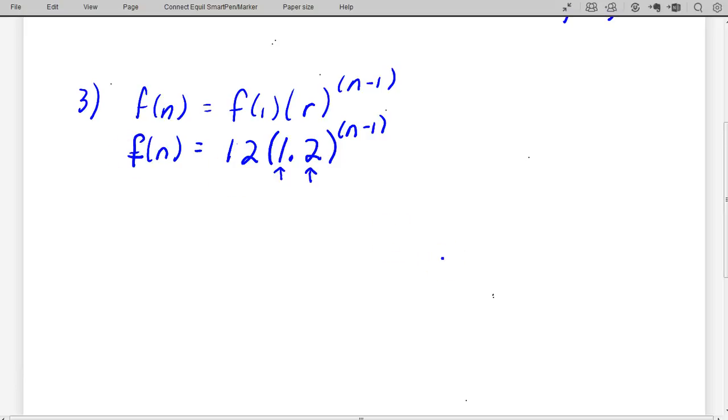All right, so if you make a table out of this, you get your first year. Okay, we have 12 employees. Your second year, 14.4.